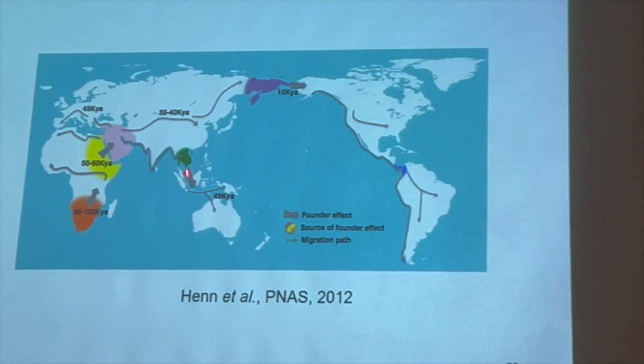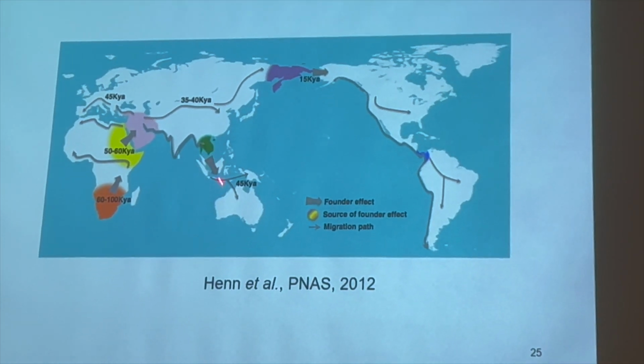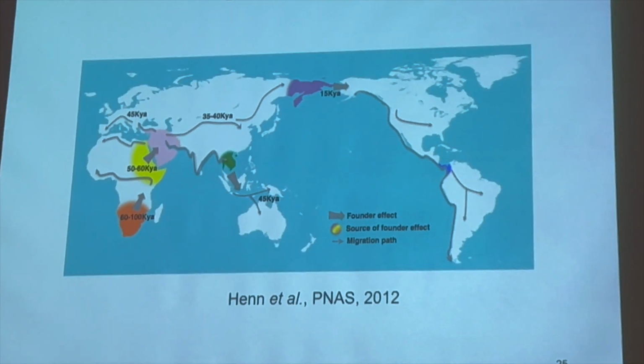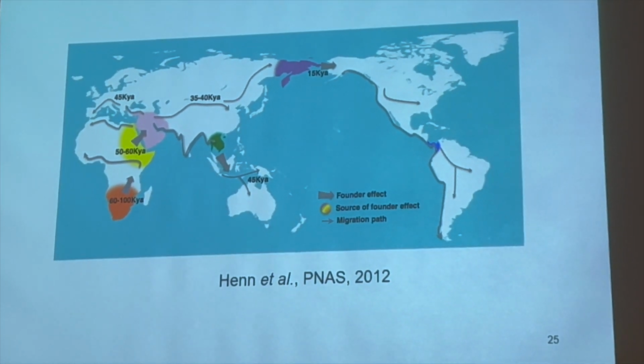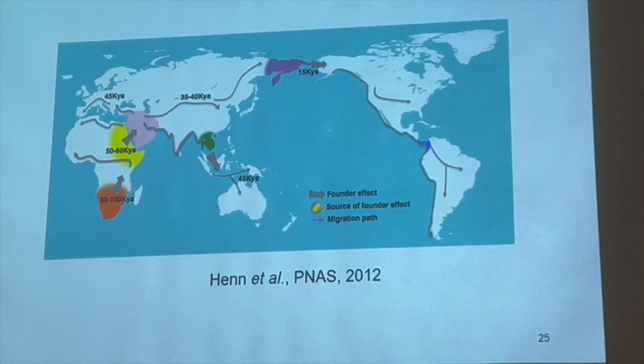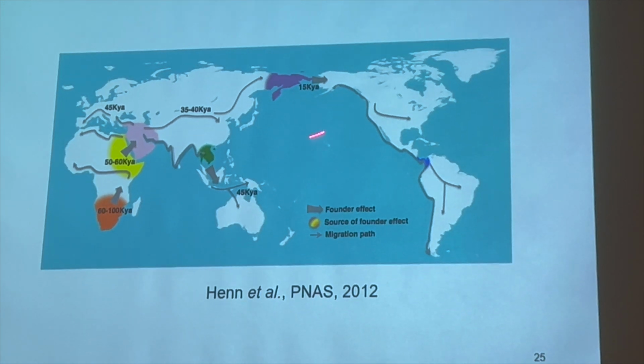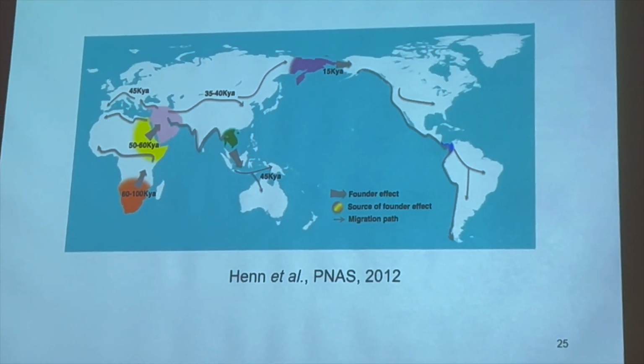At about 40 to 45, the Australian Aborigines are here, coming this way. We don't know how they got there, but probably they came across land bridges there. And the most recent thing that I've been working on is this area here, the Pacific.